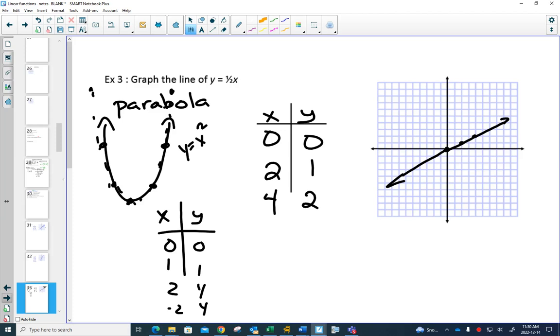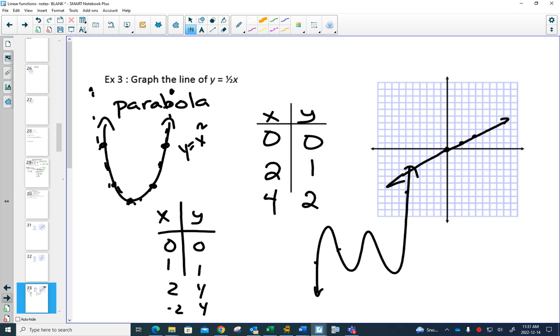You could even do a table of values for a bunch of things and find an x cubed graph and see what it looks like. And then I'd say, oh, you're not supposed to know the shape of that one until grade 12. But the table of values is so powerful. It lets you find everything, but it's slow. And when you get to crazy graphs, if you just did 3 points, how do we know it looks like that?